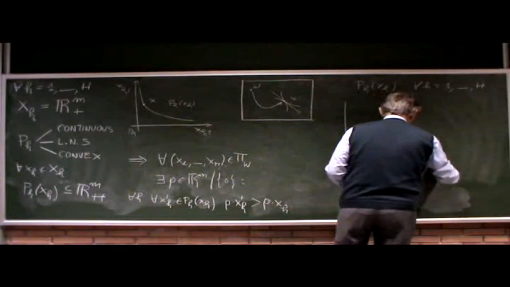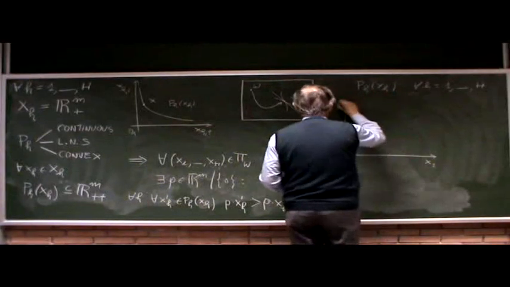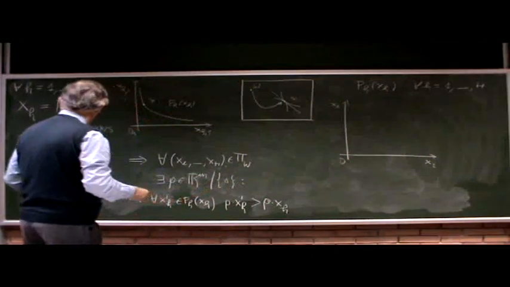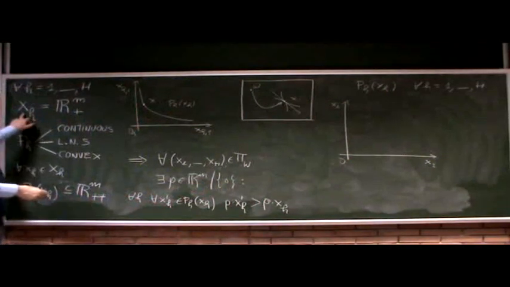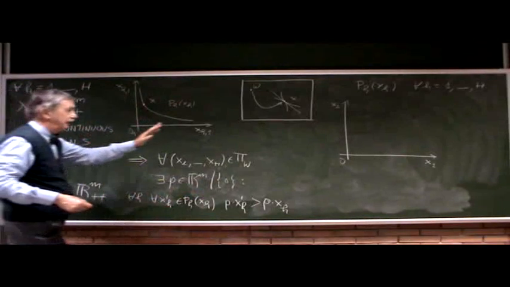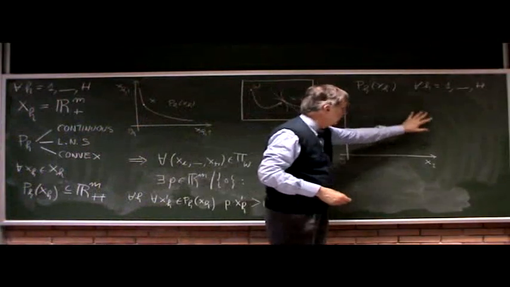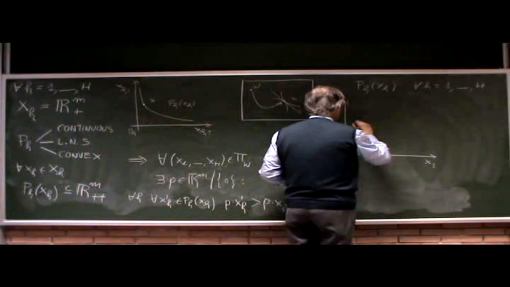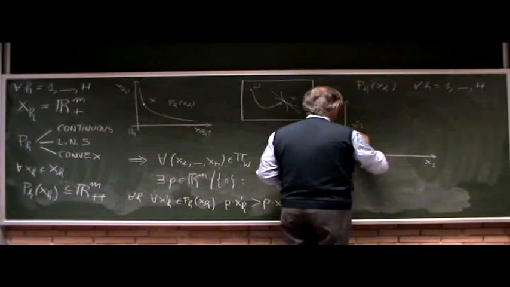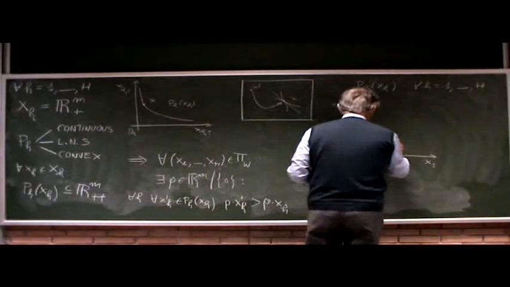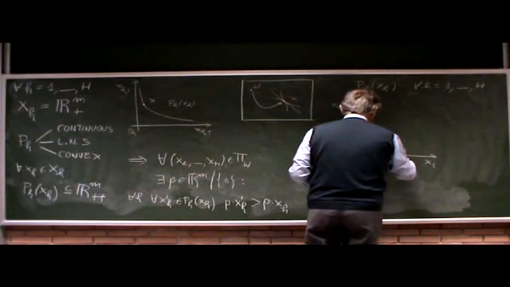Suppose that there are only two goods and only two households. The consumption set of each household is exactly equal to the non-negative orthant. And suppose that the bundle of the first subject is this, while the bundle of the second subject is this.